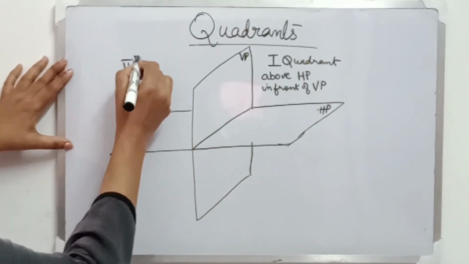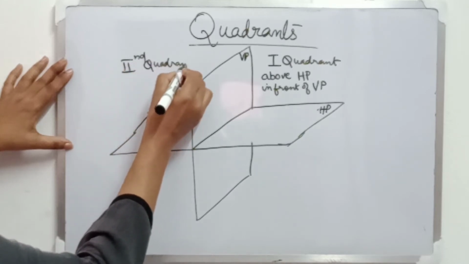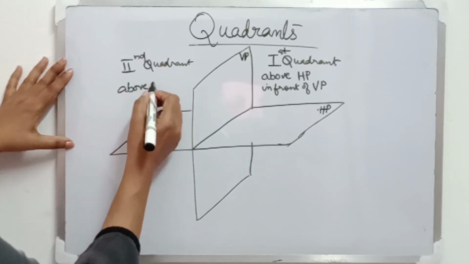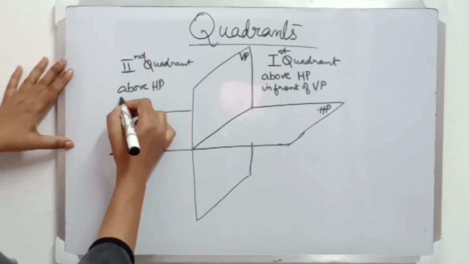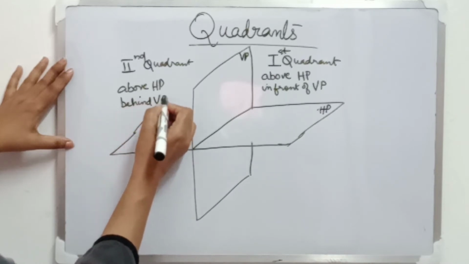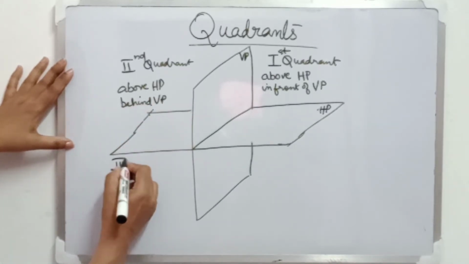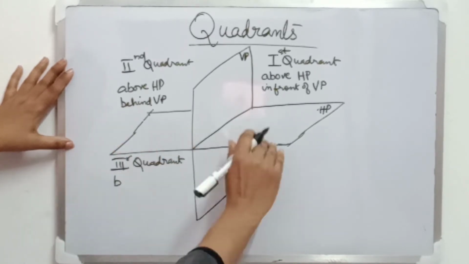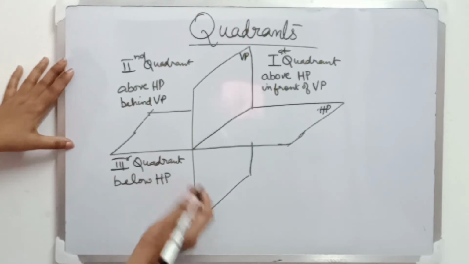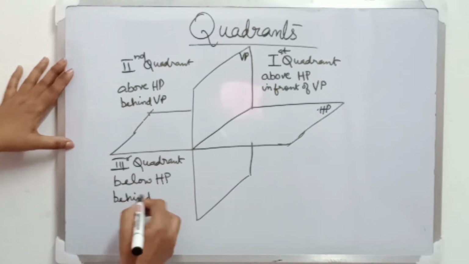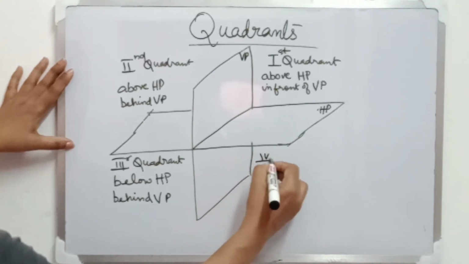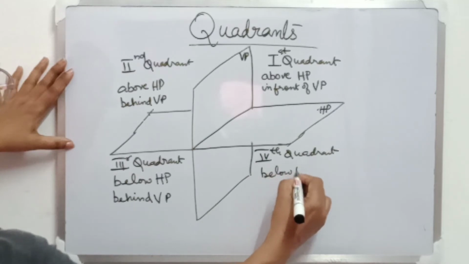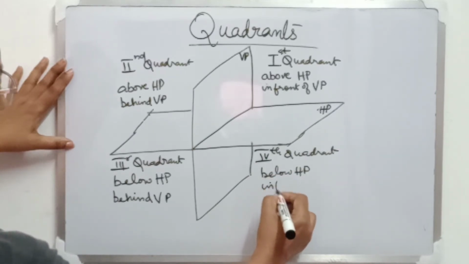Similarly, the second quadrant is the region or space above HP and behind VP. Okay, now let's see what is the third quadrant. The third quadrant is the space below HP and behind VP.